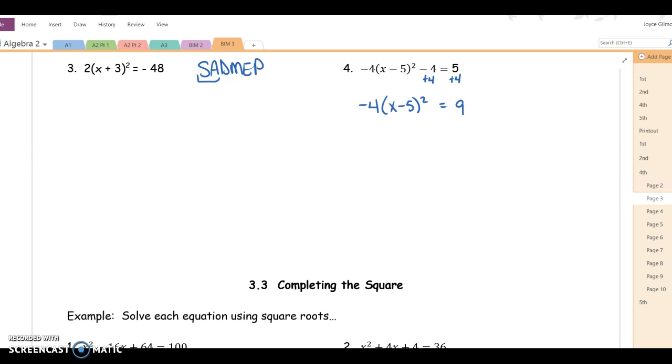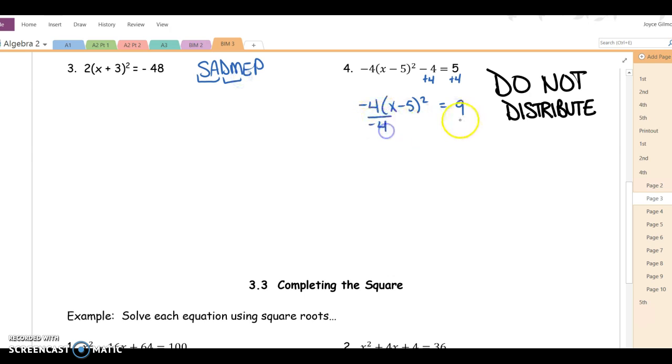Can we distribute? Don't distribute. Because there's a square on the parentheses, you cannot distribute. That would be multiplying. You can't multiply into something that has an exponent on it. You would have to do the exponent first. But we can divide both sides by negative 4.